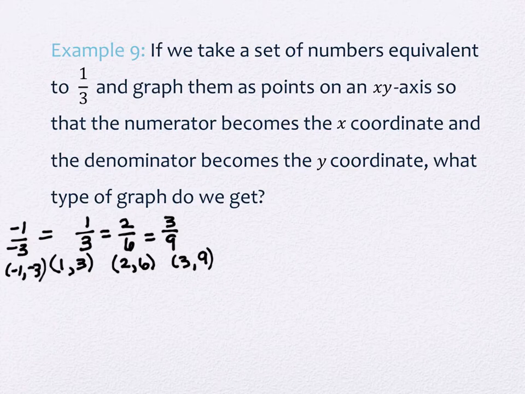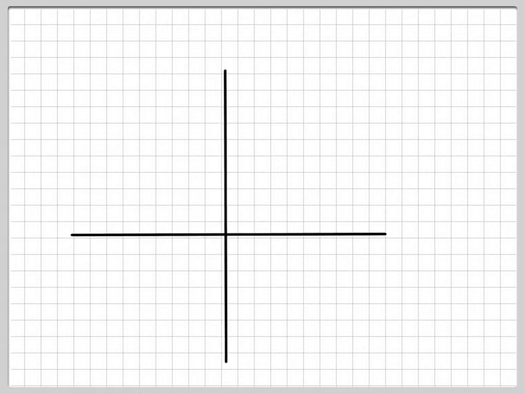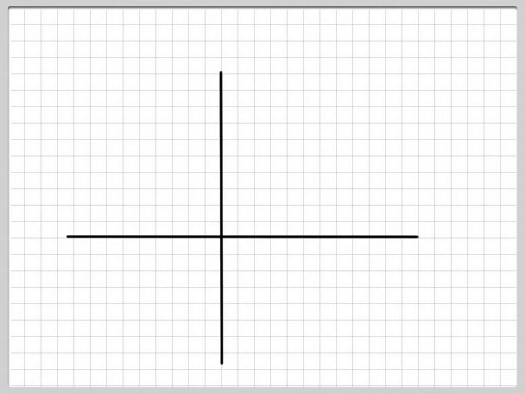So I now have 4 points, and I'm going to graph them on an xy coordinate plane, which I have over here. So here's my number line for my plane. And I need to do -1, -3, so that's right here.